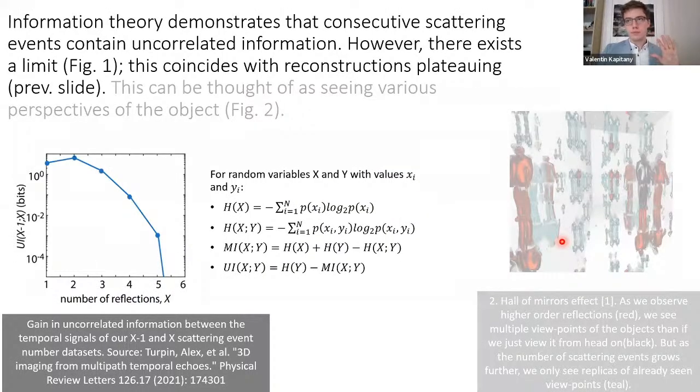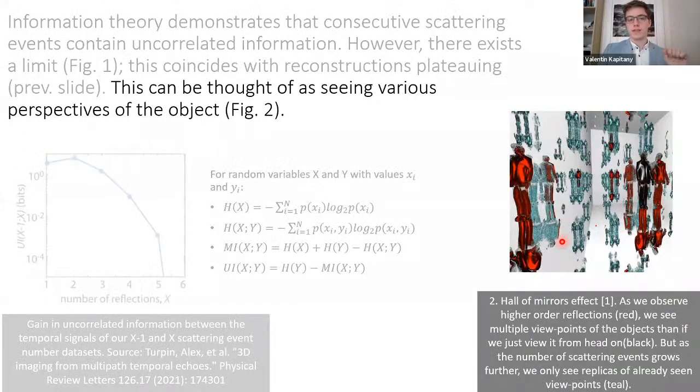But a more intuitive way of looking at this is to consider what happens when we project light onto a scene. This scene contains this one figure shown in black, and the direct reflection will just be this black silhouette.